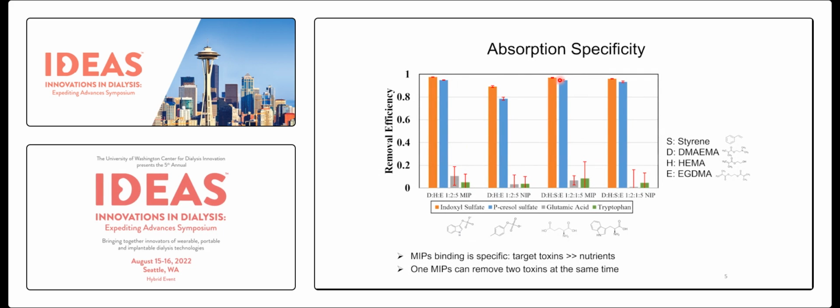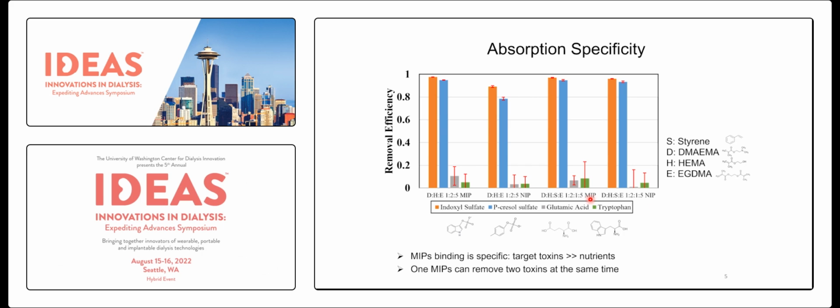So we did specificity studies where we compared the binding behaviors towards 4 different kinds of molecules. 2 of them are toxins. The other 2 are amino acids, which are actually nutrients.